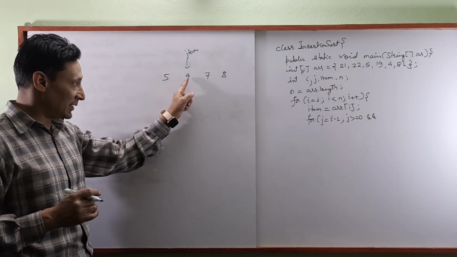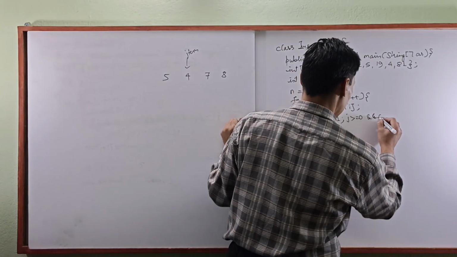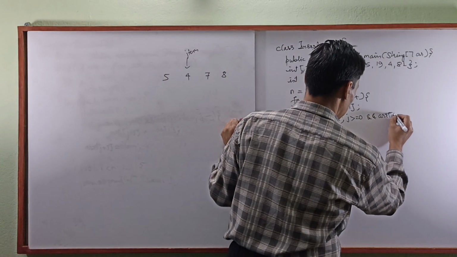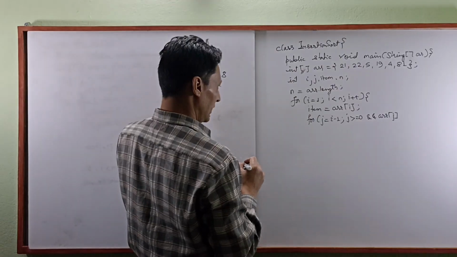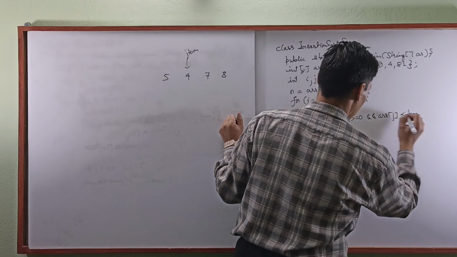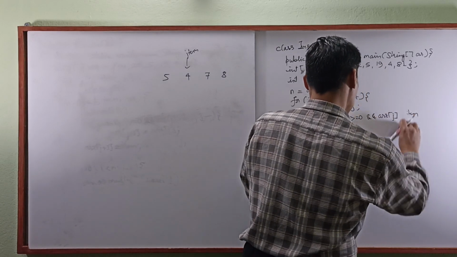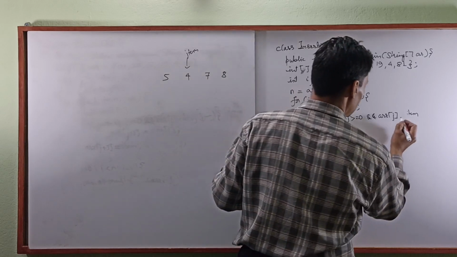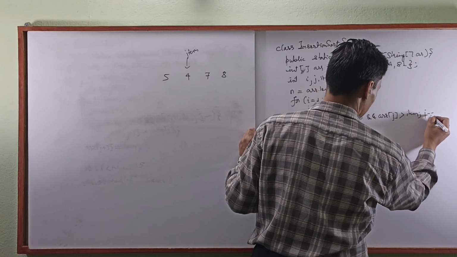If we find an element less than this one, or arr[j], if it is bigger than item, we have to break it. And if arr[j] is greater than item, then j minus minus.